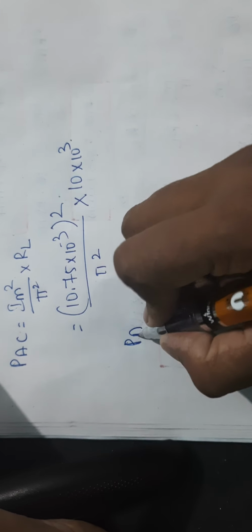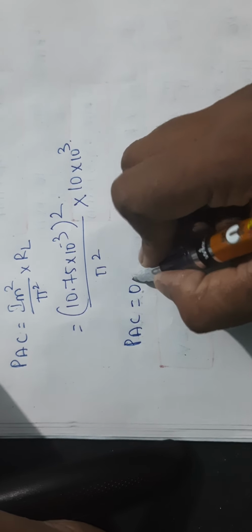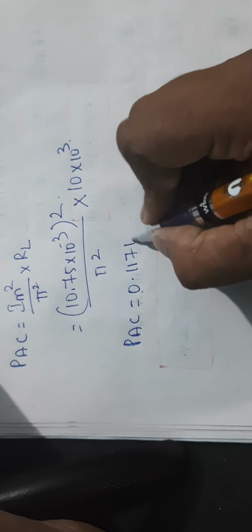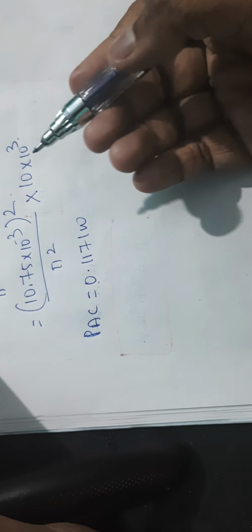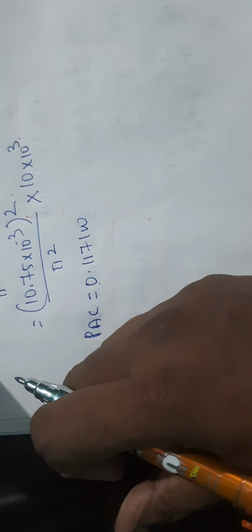So on calculating, your PAC will be equal to 1171 watts. Okay. You have another formula also, but if Im is available readily, you can use that. If Im is not there, you can use another formula, that is I square RM or something. We have done that.